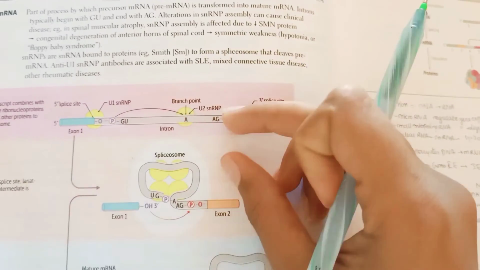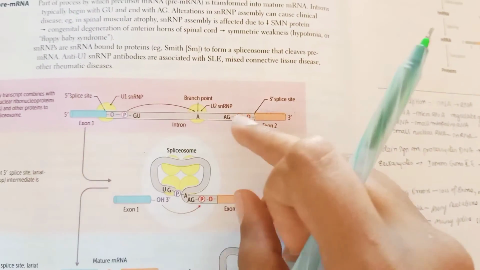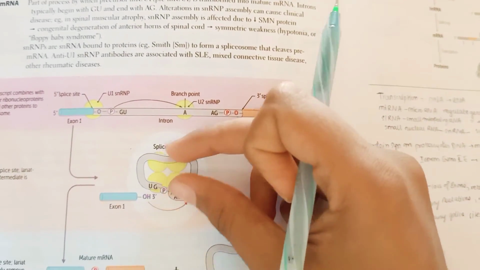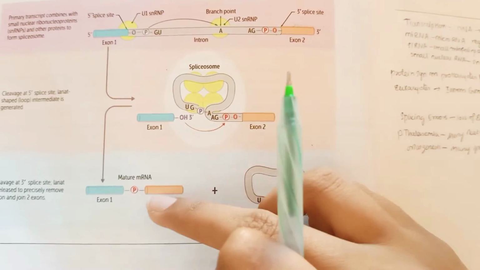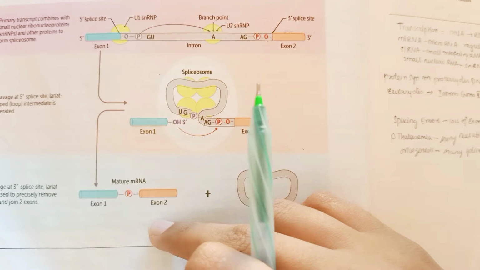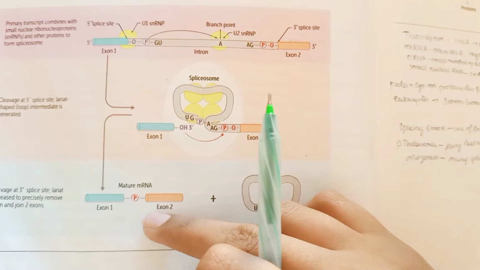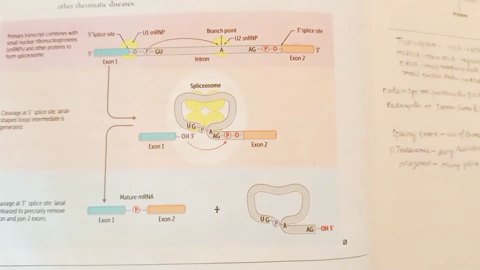Because of this spliceosome, we are able to form a ring-like structure, and we are going to remove this out and join the two exons and form a mature mRNA, because mature mRNA should have only exons, there should be no introns.